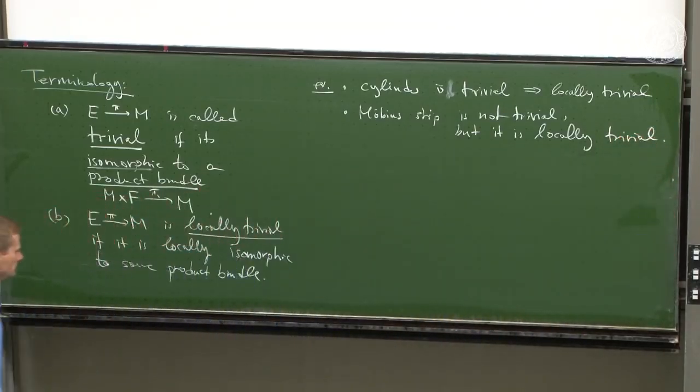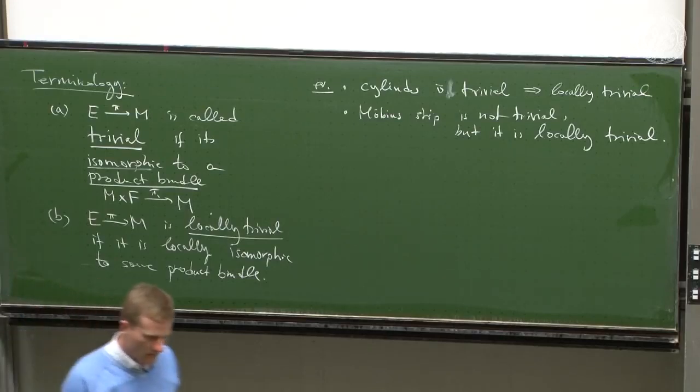Okay. Now, a locally trivial bundle is not yet a fiber bundle because it could change the fiber along, right? But it just locally, it everywhere needs to be locally trivial.